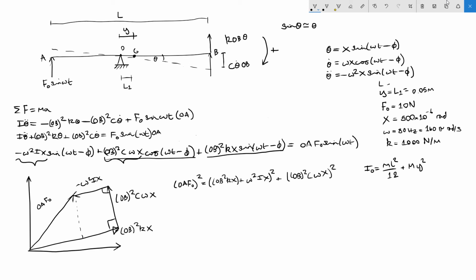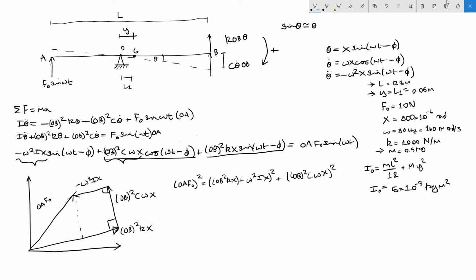We're given that the length of the rod is equal to 0.3 meters, and we're also given that the mass of the rod is equal to 0.5 kilograms. So substituting these values for m, y and L into this equation here, we should get that I0 is equal to 5 times 10 to the minus 3 kilograms meter squared.